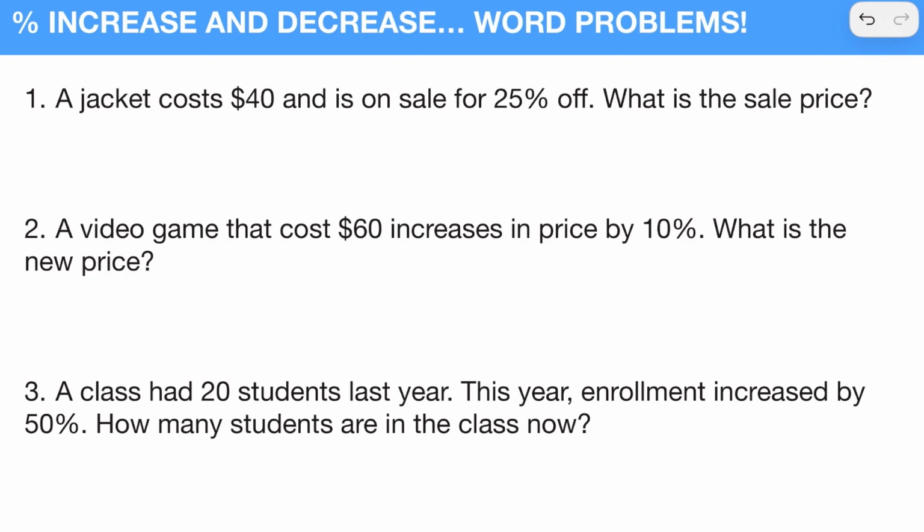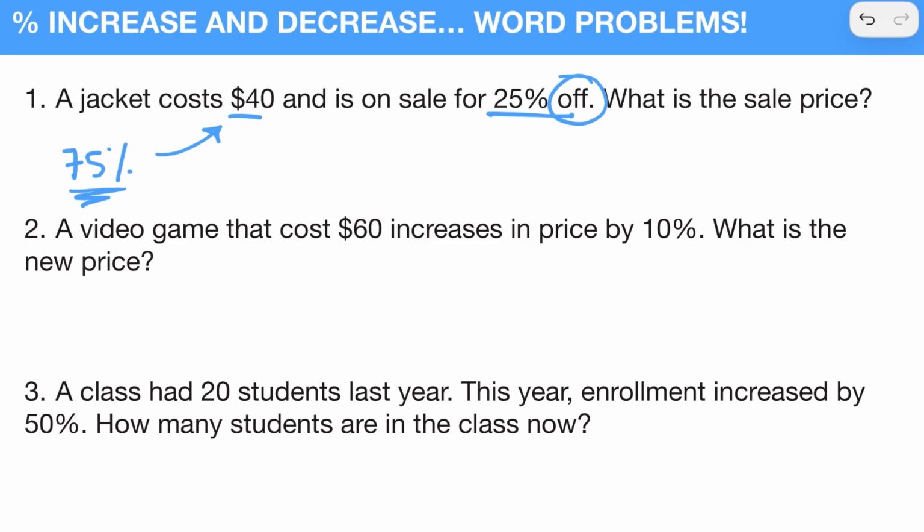Number 1, a jacket costs $40 and is on sale for 25% off. What is the sale price? Well, 25% off, what does that mean? It actually means we're going to take 75% of the original, right? If it's 25% off, it's 75% left. You can think about this a couple of ways.